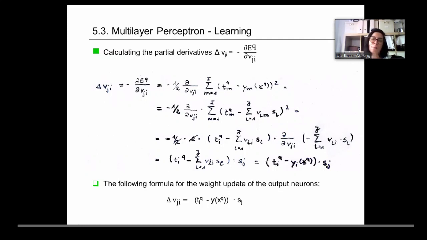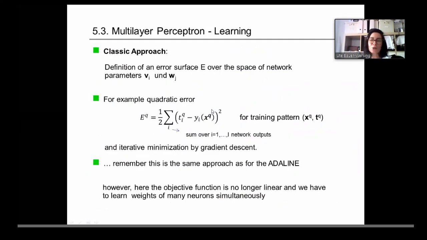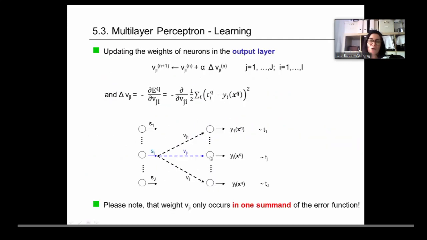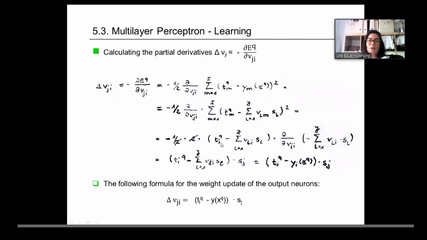Okay. And now we can start to do the partial derivative. Since this i here is fixed, it's a fixed number, there's only one output value which contains Wji. And this is exactly the neuron i in the output layer.